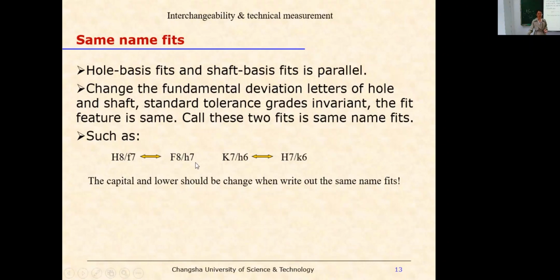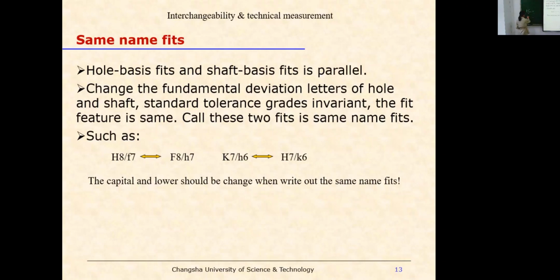Because this is H, the fundamental deviation EI is 0, and the grade is IT8. They have the same tolerance, IT8.